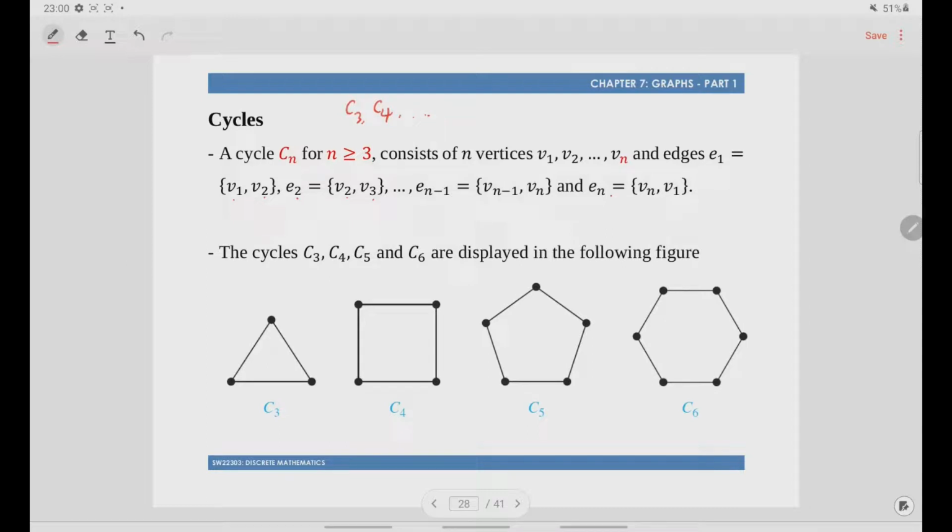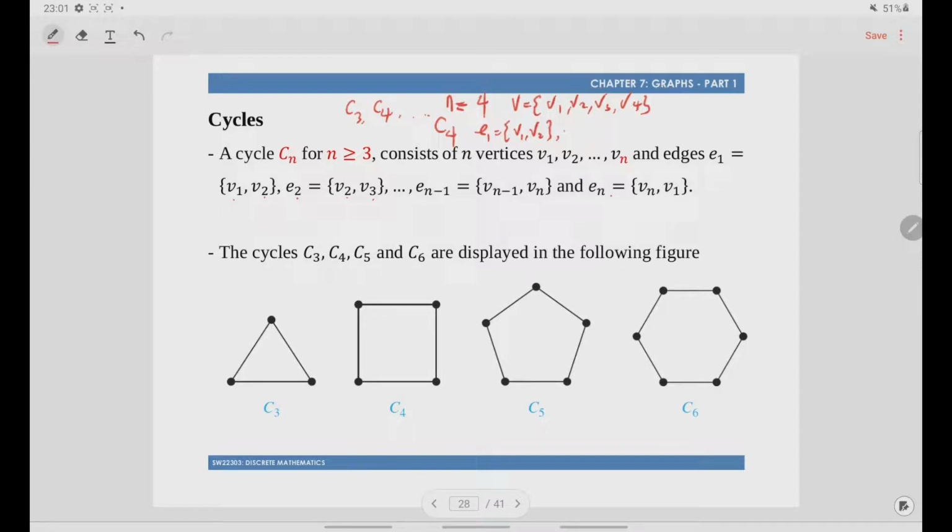To make it clear, let me give you an example. Let's say n is equal to 4, so the cycle C4. How many vertices and edges? For the cycle C4, we have vertices V1, V2, V3, and V4. As for the edges, edge E1 has V1, V2.